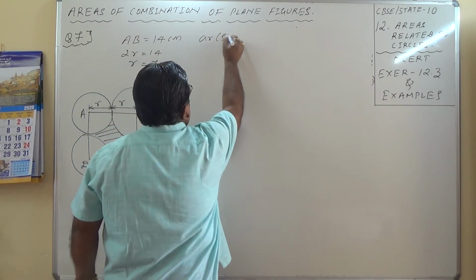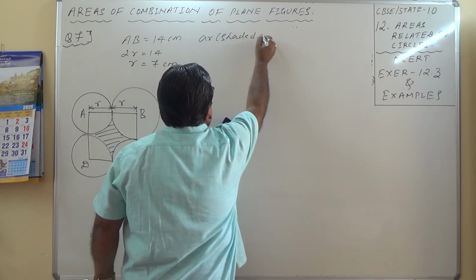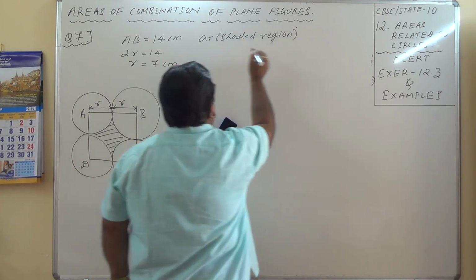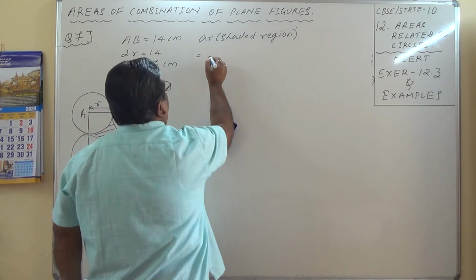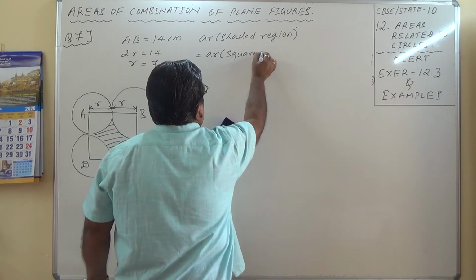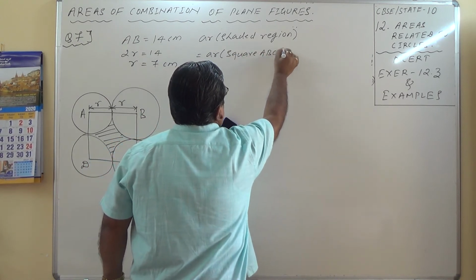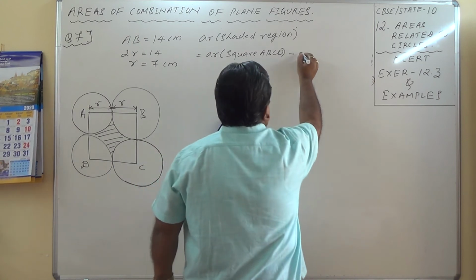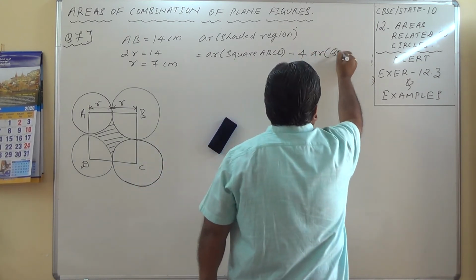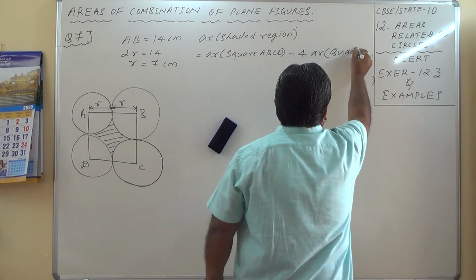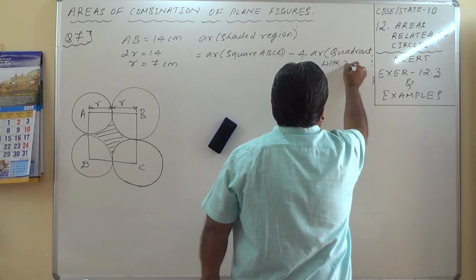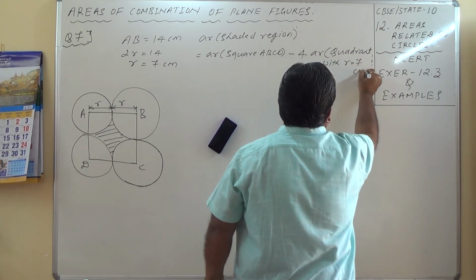So area of shaded region is equal to area of square ABCD minus 4 times area of quadrant with R equals 7 centimeter.